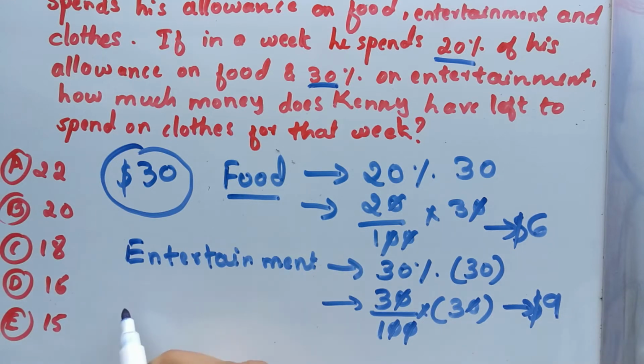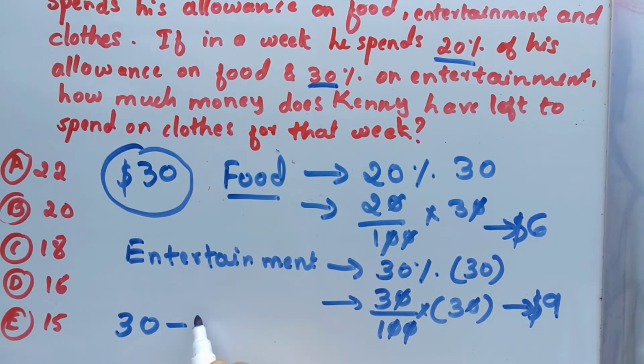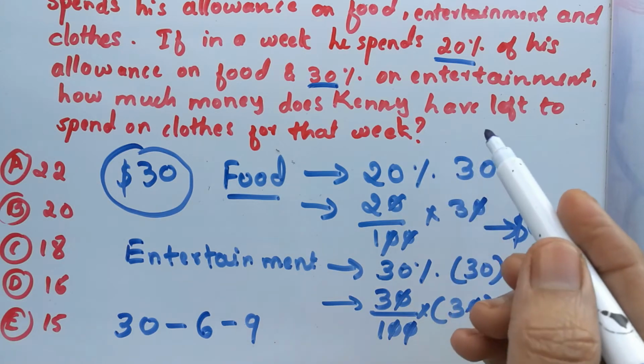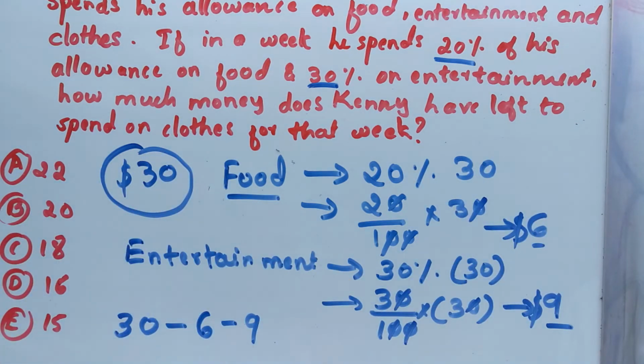So out of $30, $6 for food and $9 for entertainment. So you need to find how much money is left to spend on clothes.